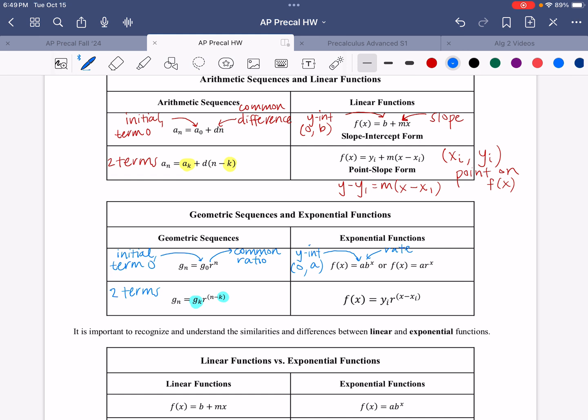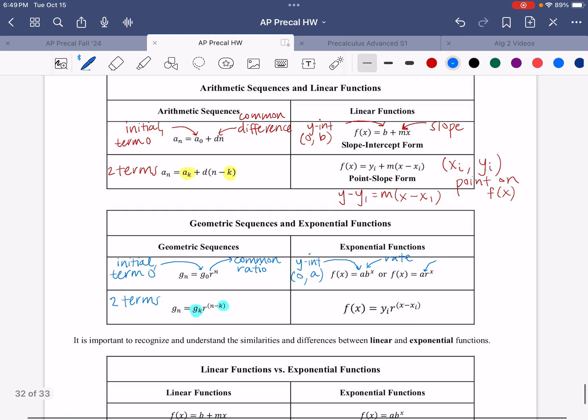Here, it's better expressed as an r, because the word rate doesn't say what type of rate. Is it a multiplication or an additive rate? So it's written as an r to remind us that it's related to the common ratio, or multiplication rate.